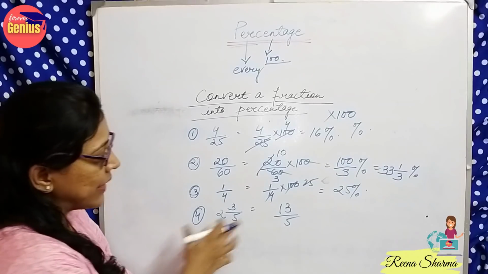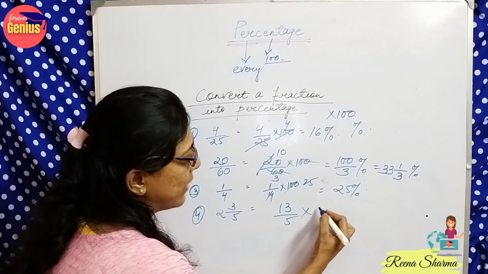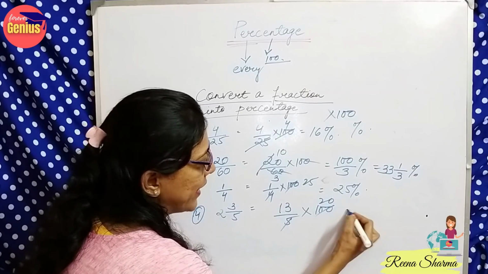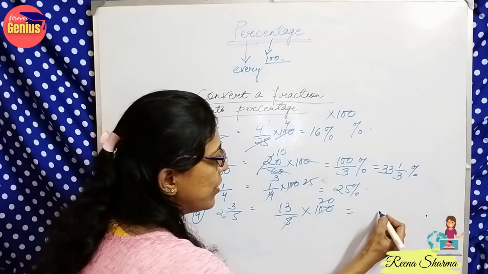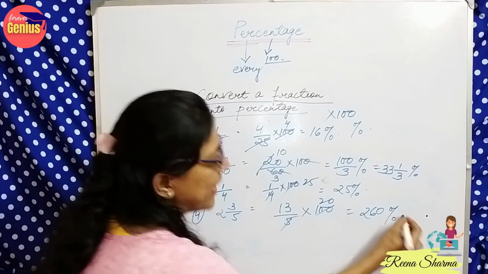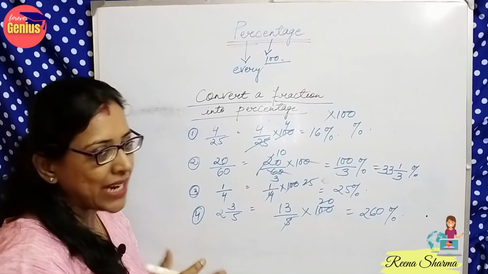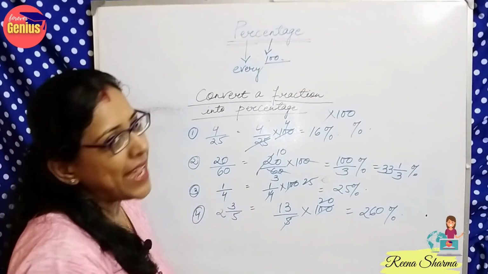Now this 13 by 5 would be multiplied by 100. Straight away I got here 20. This is equal to 260%. So these are the ways in which we convert a fraction into a percentage.